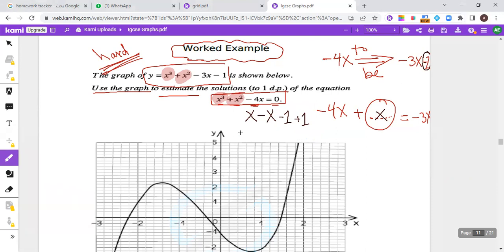x cubed plus x squared, negative 4x plus x will be negative 3x. Yes, and here minus 1, write it.